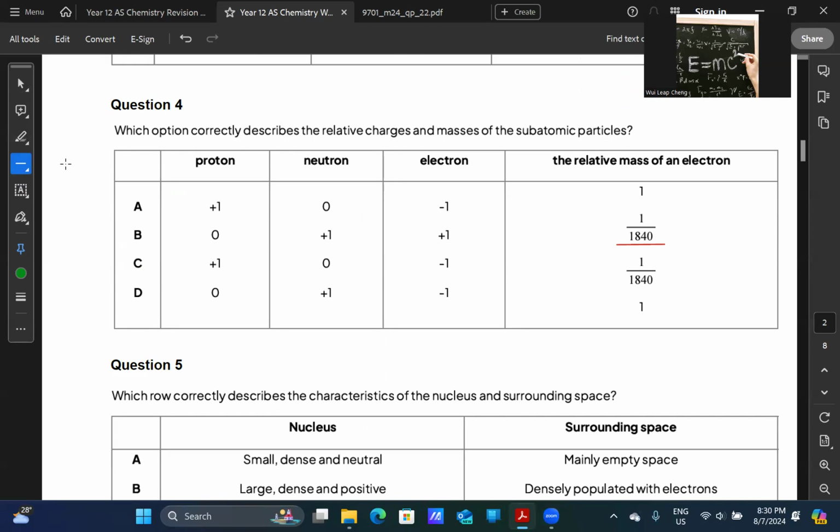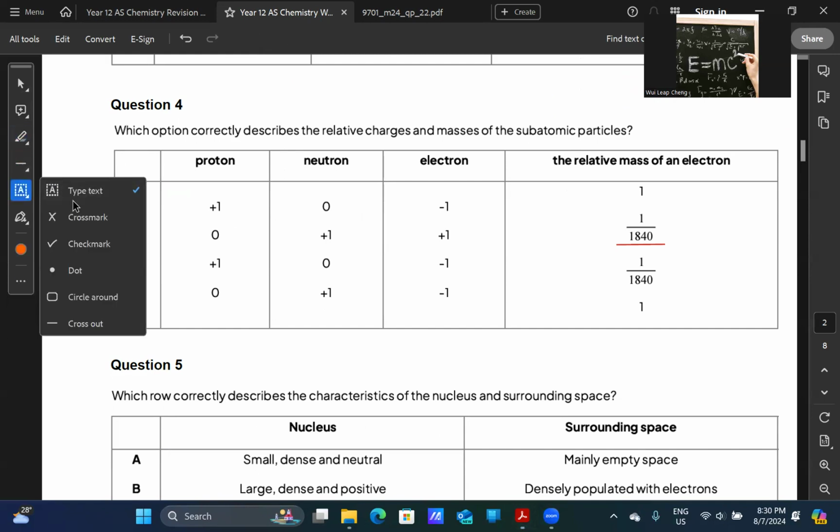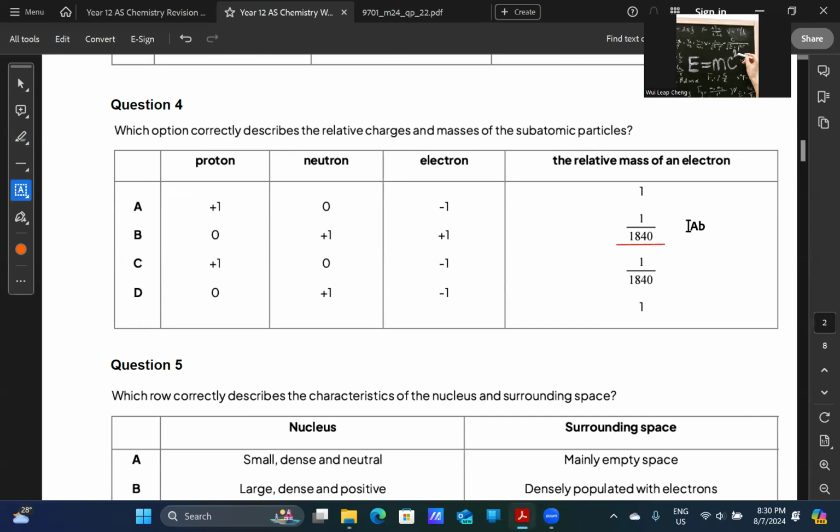I follow the Cambridge textbook. I have provided you with 1 out of 1,836. If you check the revision guide, I have given you this number.